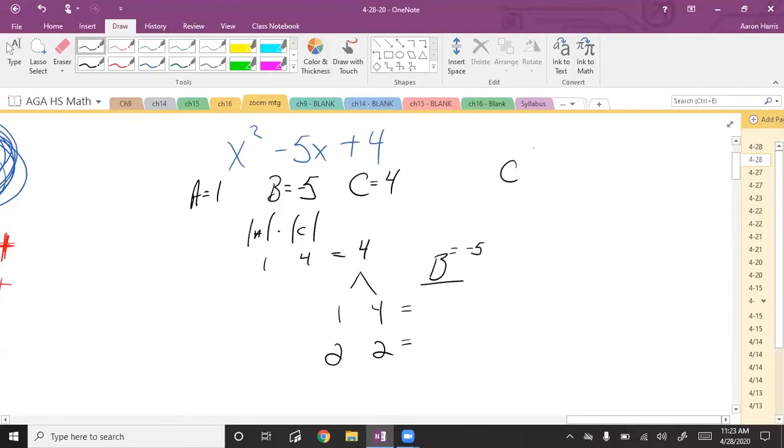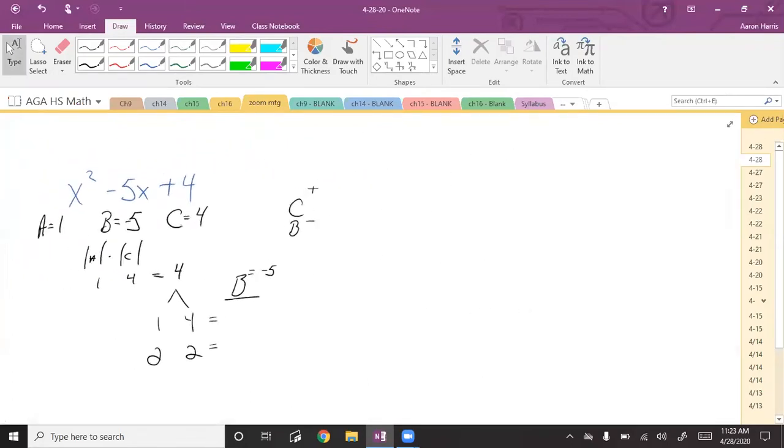C is what kind of number? Positive. B is what kind of number? Negative. What does that tell you? You have to subtract. What does it tell you about both factors? I don't know. Good. I'm glad you said that.